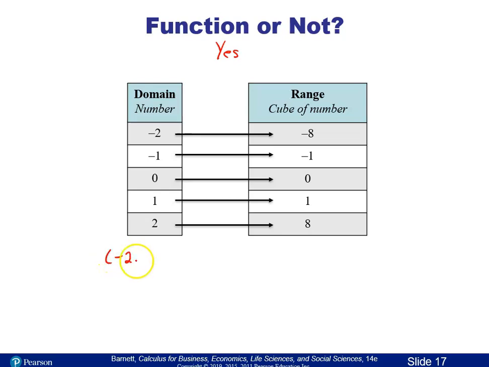So -2 corresponds with -8, -1 corresponds with -1, 0 with 0, 1 with 1, and 2 with 8. As long as we don't have any repetition of our x values, then that means it is a function.